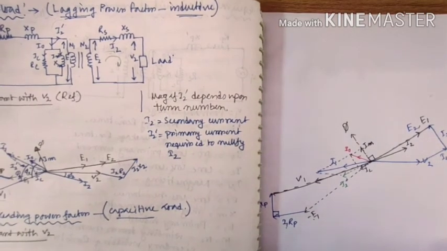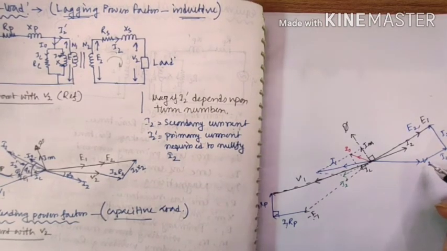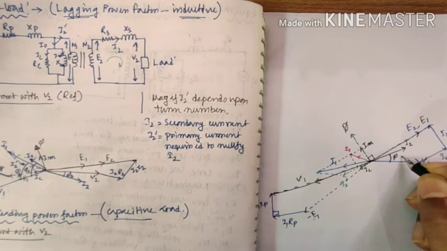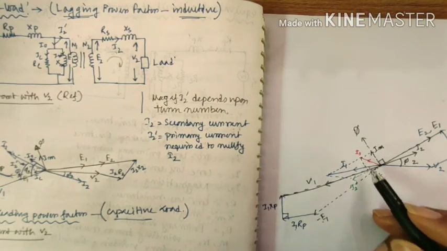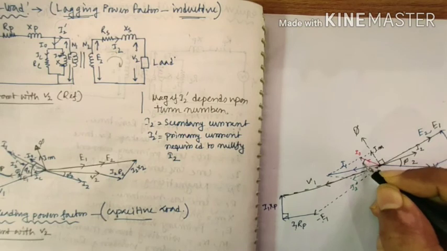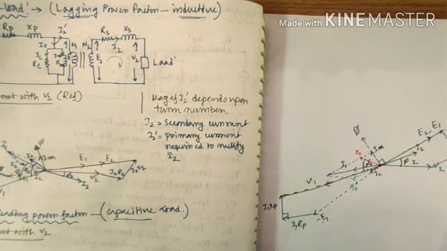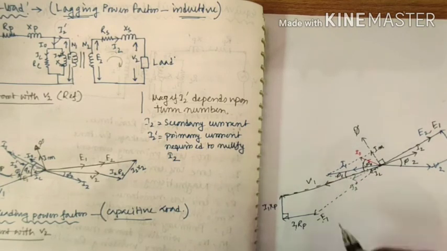So in accordance with the previous diagram, the phase difference between secondary load voltage or the terminal voltage and the secondary current is given as phi 2. The phase difference between I0 and V1, this angle is phi 0, and the phase difference between V1 and I1 is phi 1.